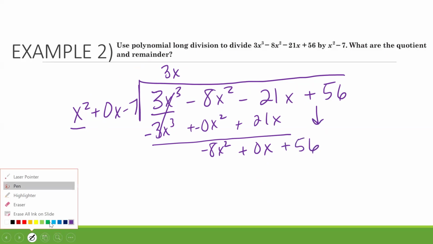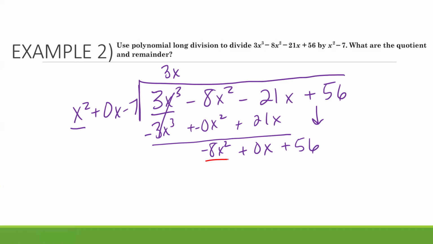Okay. Now we repeat. Negative 8x squared divided by x squared. What do we get? Negative 8. Now we're going to multiply. Negative 8 times x squared is negative 8x squared. Negative 8 times 0 is 0x. Negative 8 times negative 7 is a positive 56.